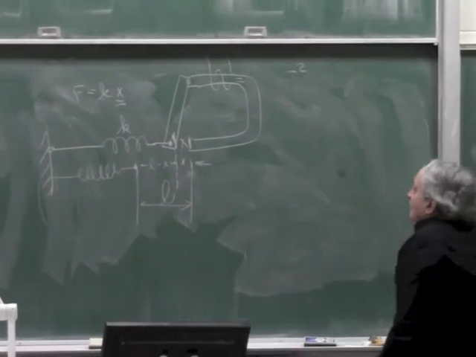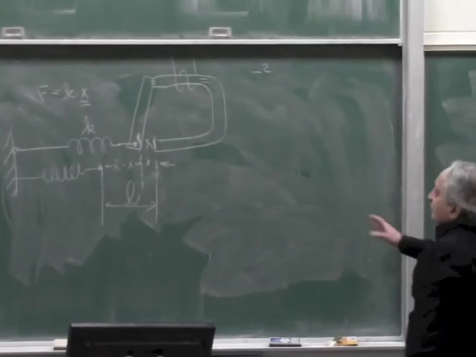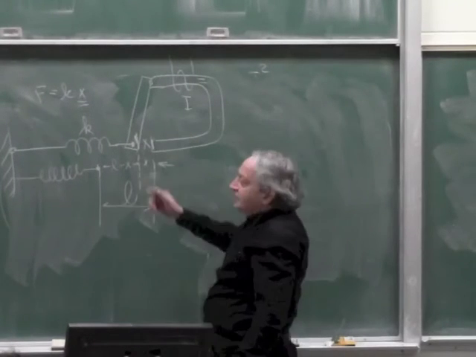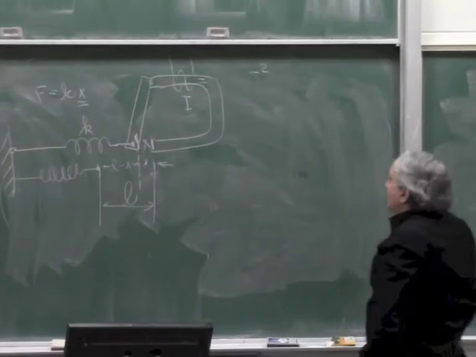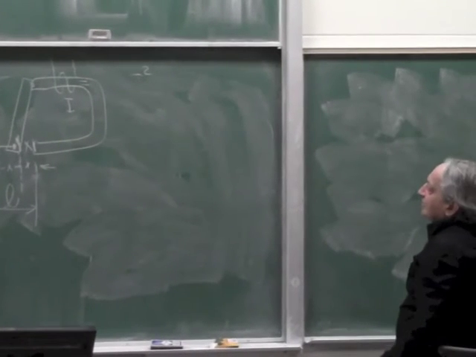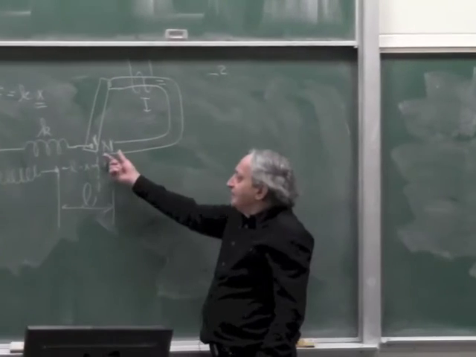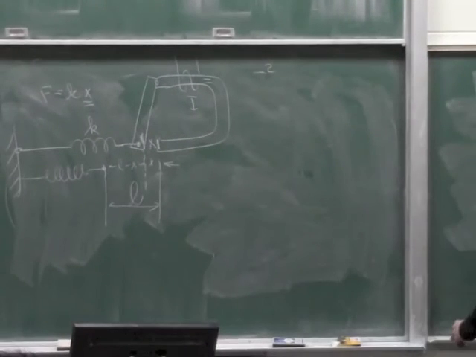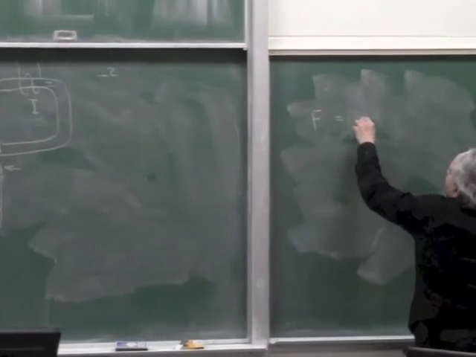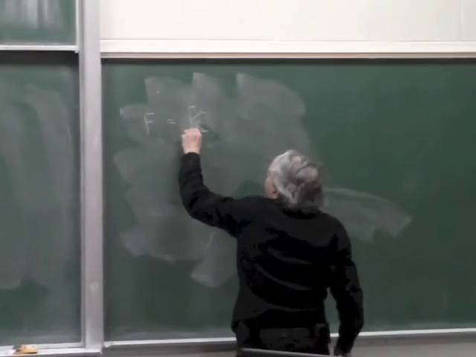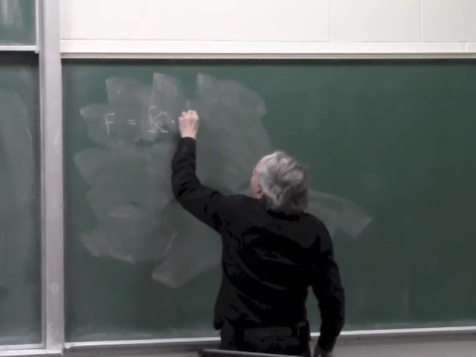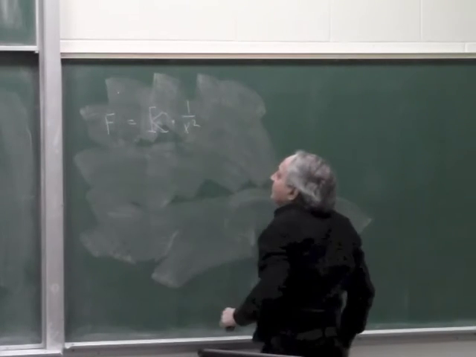Okay. So let's say it reaches equilibrium. At a certain current I can hold it at a certain position x. So obviously at this point I can say that the force of the coil is some big K, which I derived just a few minutes ago, times 1 over x squared.